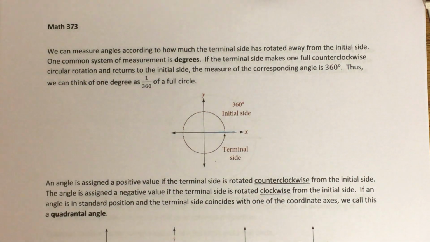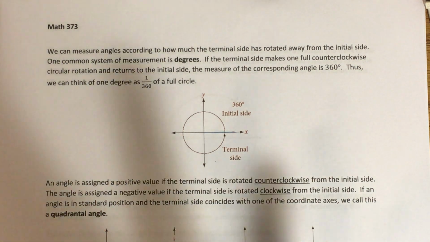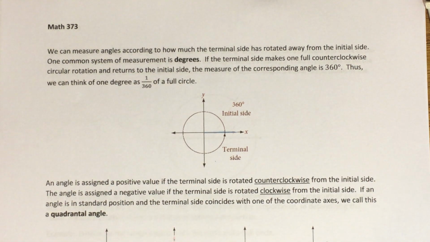But one thing we're going to see is that we're going to move towards a different system for measuring angles, something that's more conducive for calculus and the stuff that comes after this course. So anyways, it's kind of an unnecessary history lesson, but there you go.